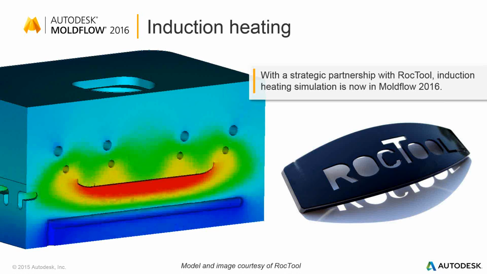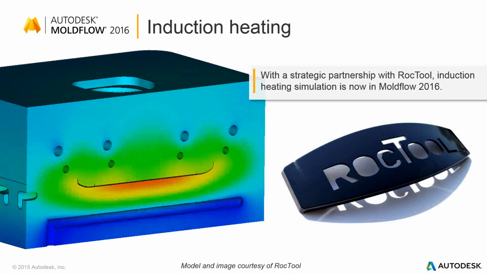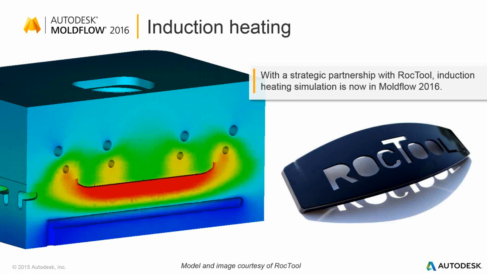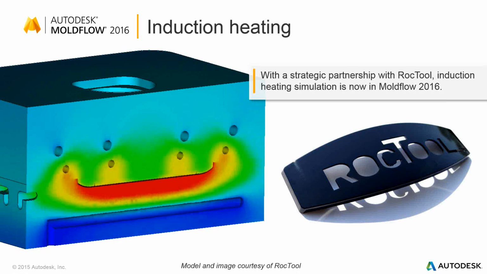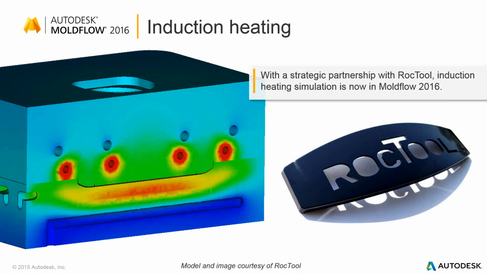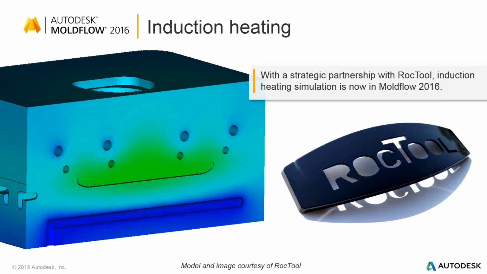Now, the great thing is that similar technology is now also implemented inside of the molds, where you can build induction coils into the mold, and when you switch those induction coils on, you will heat up the surface of the mold very quickly.